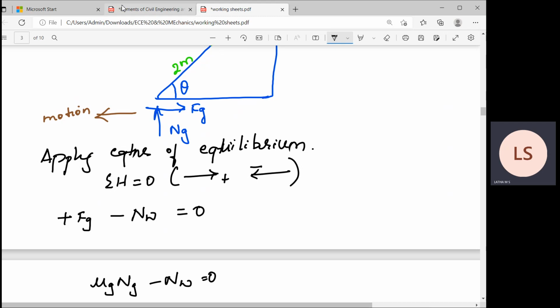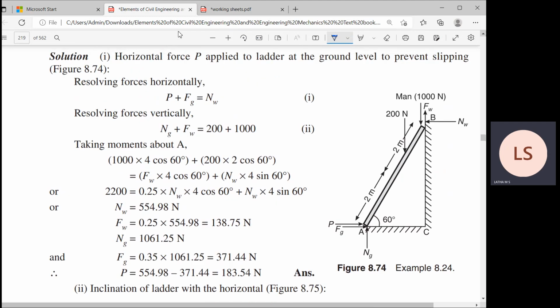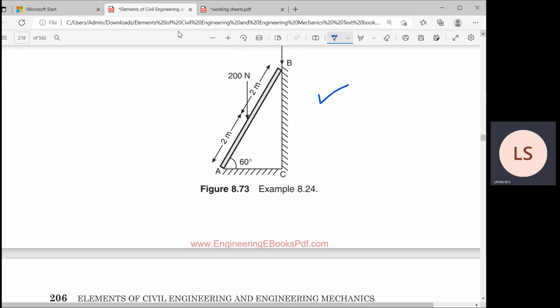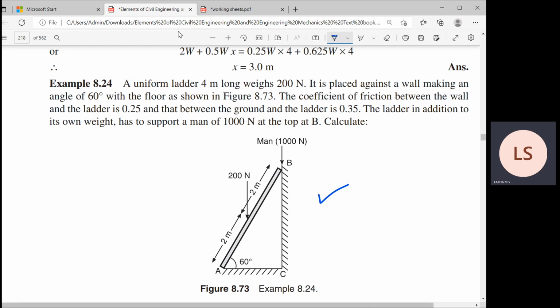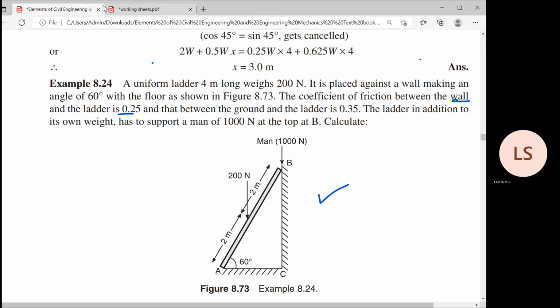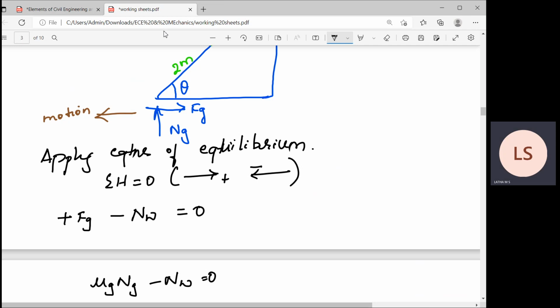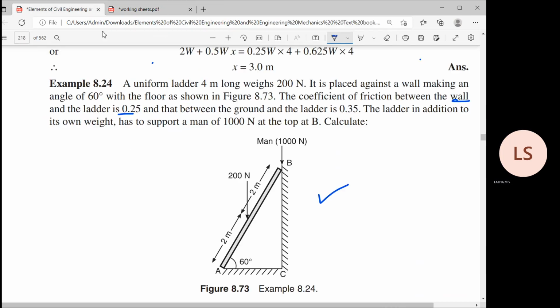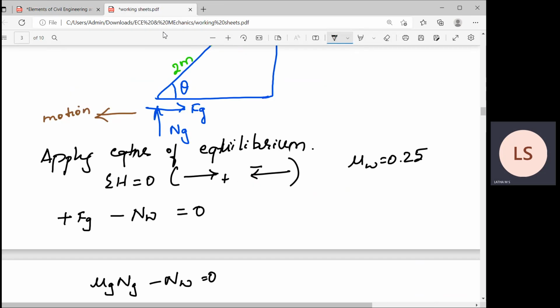What are the values of mu G and mu W? The coefficient of friction values are separate. Here it is given that the friction between the wall and the ladder is 0.25, so mu W is 0.25, and mu G is 0.35.